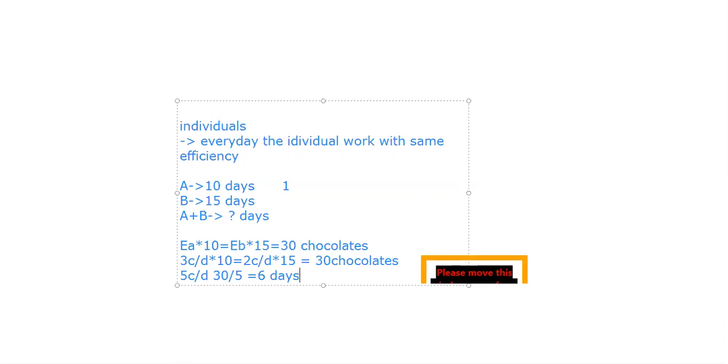So it doesn't matter if we multiply by the number of days to find the ratio, because 6 is anyway a multiplying factor with their efficiency. 6 into 2, 6 into 3. We can neglect the 6. So here their payment ratio or share ratio will be equal to the ratio of their efficiencies. So 200 will be given to A and 300 will be paid to B. Always remember this.